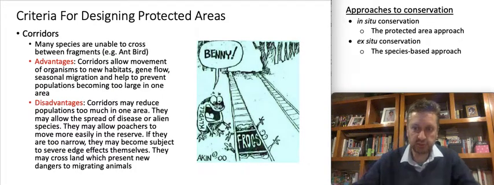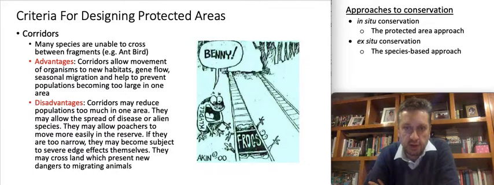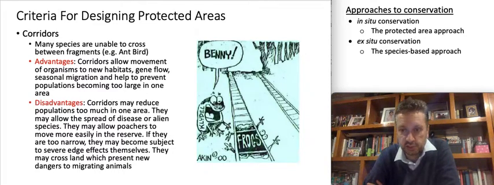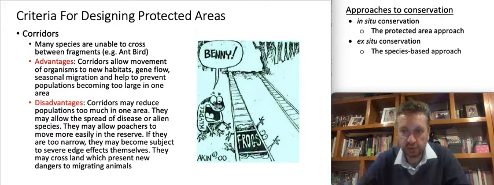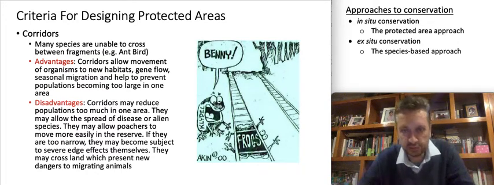Again, going back to the Peace Parks initiative in Central Africa, one of the most destructive species in African national parks is the African elephant, if the population is allowed to get too big. If you can allow a more equitable spread of elephants, herds of elephants around national parks, you can prevent them basically pushing down trees to get to their food, and therefore you can prevent a lot of damage to individual ecosystems. Okay, you might think corridors are obviously a good idea, but I've come up with a few ideas of disadvantages.